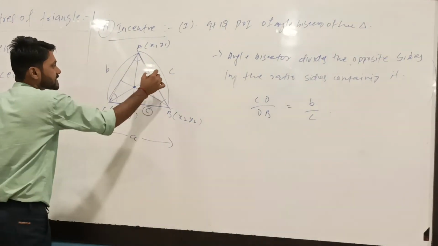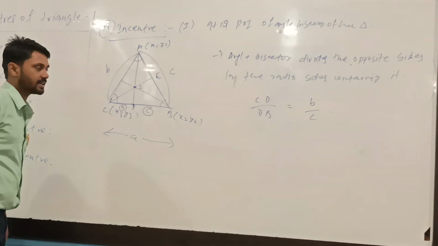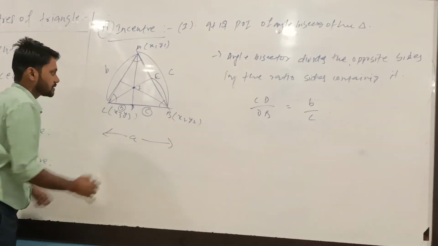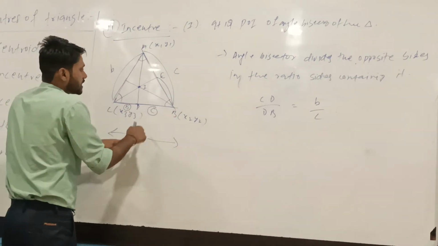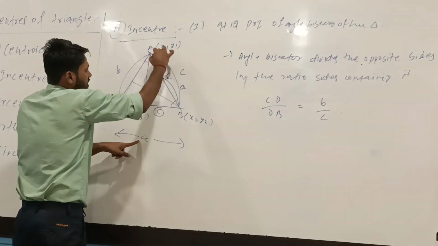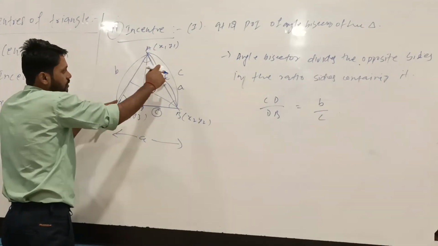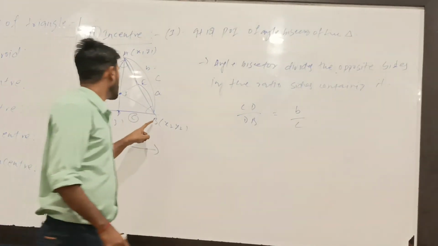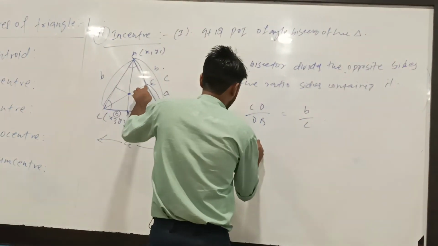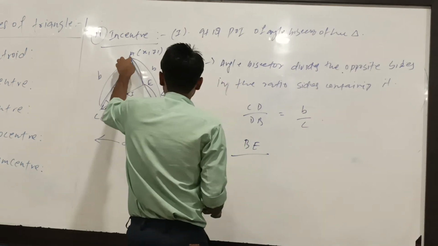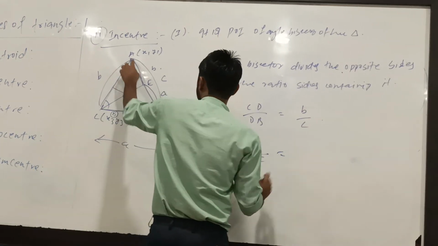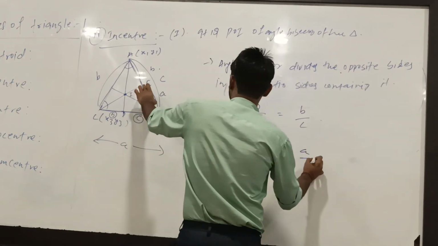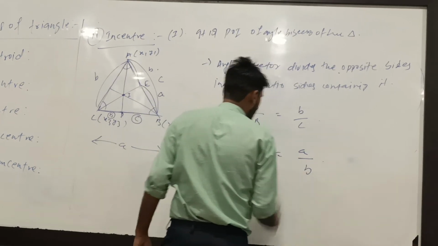Similarly, if this is E, what will this length be? This side is a, and this side is b. So if you want to write BE upon AE, this is going to be a upon b.